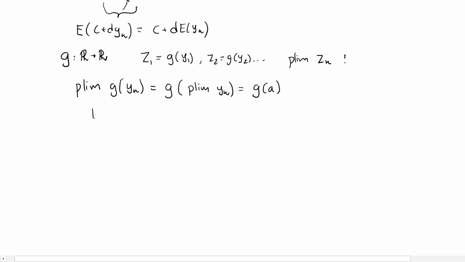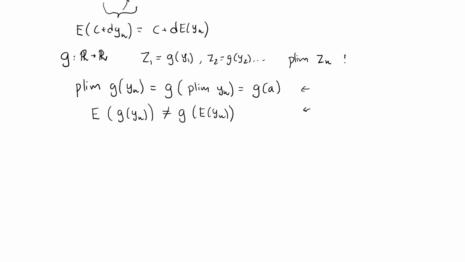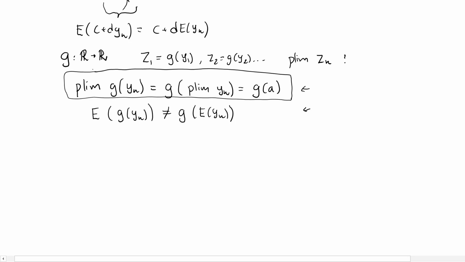Expected values do not have this property. The expected value of g of yn is certainly not equal to g of the expected value of yn. This is the main reason why plims are typically much simpler to calculate than expected values. We will not prove this super important result, but again, intuitively, as n becomes very large, yn is not acting as a random variable.